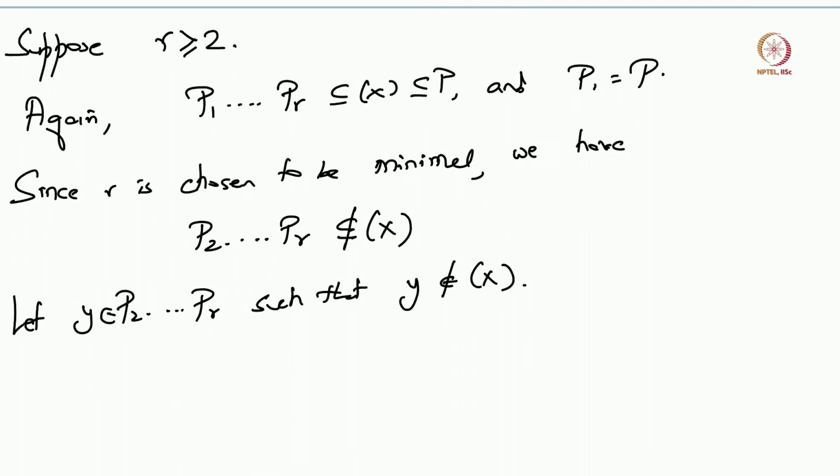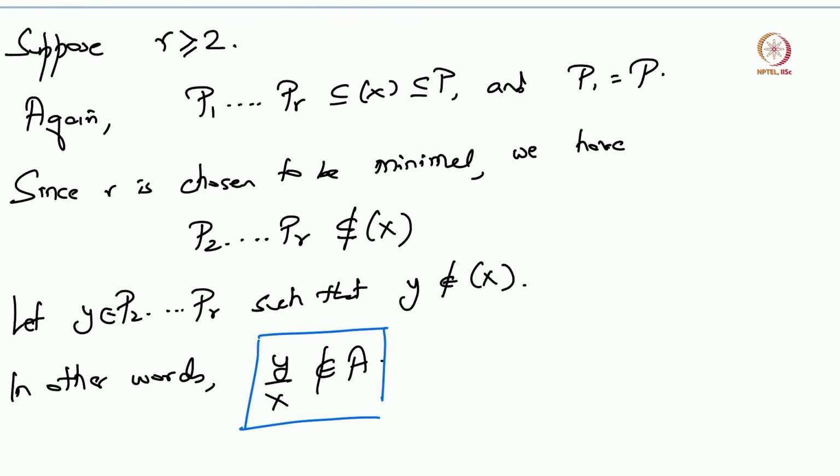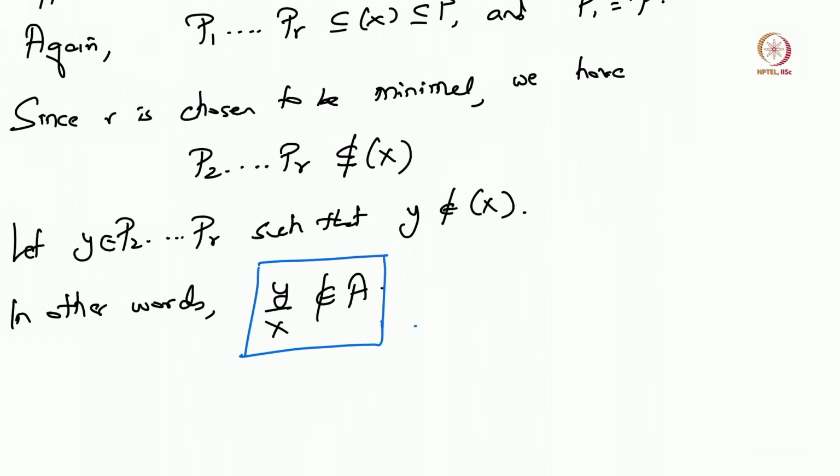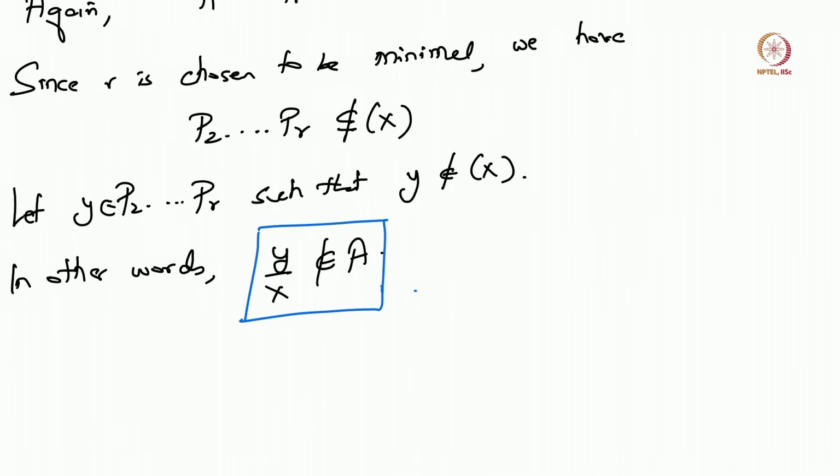Okay, and so what does it mean for y to not be in the ideal generated by x? In other words, the ratio y over x does not belong to A. Okay, so now what do we have?